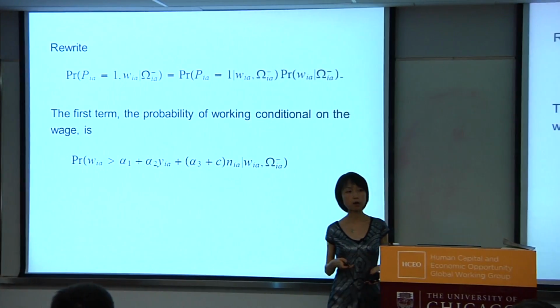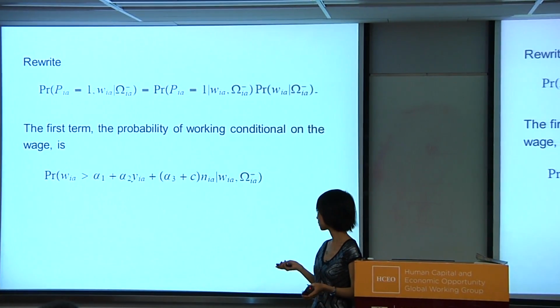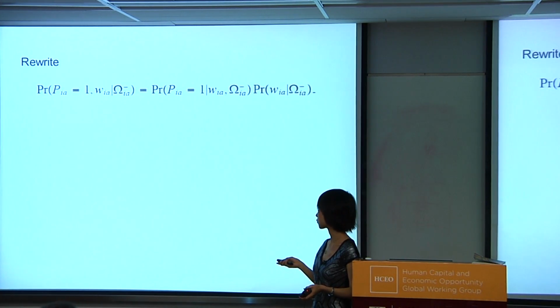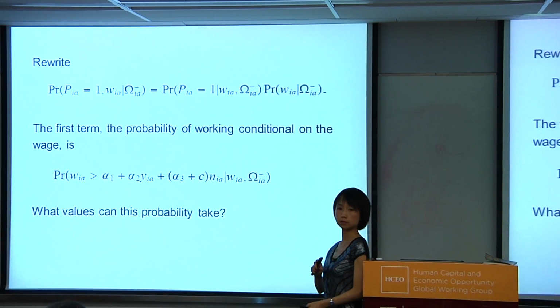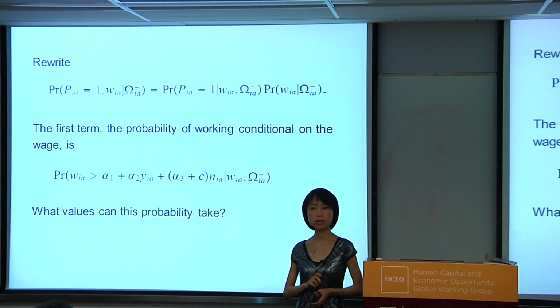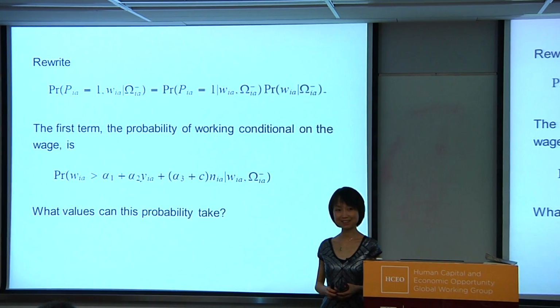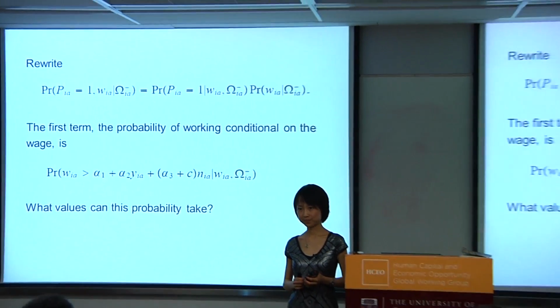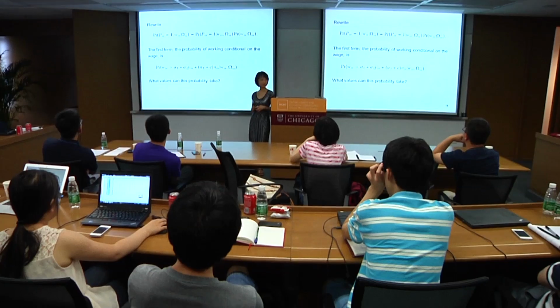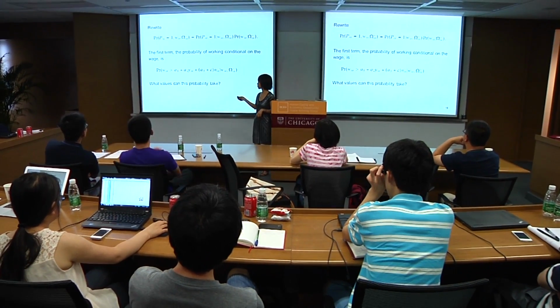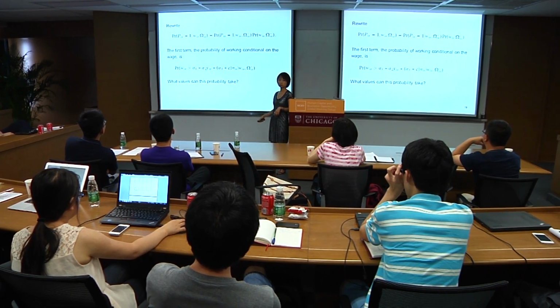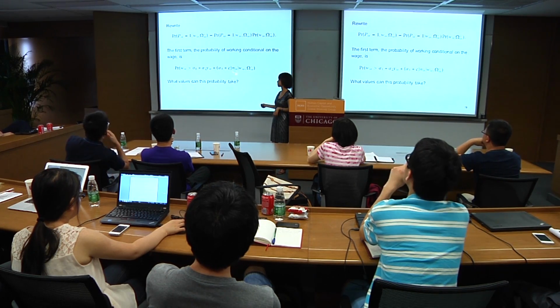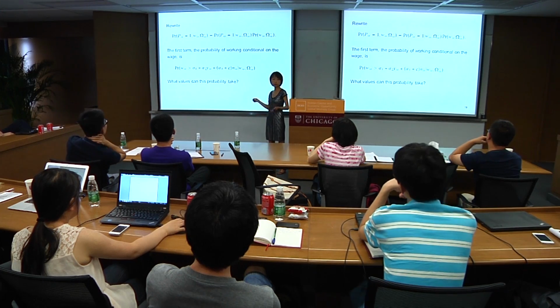Now, the first question. We still have, yes, the first question. What values can this take? Given the parameters alpha 1, alpha 2, alpha 3, C, and given any y and n, what value can this take?